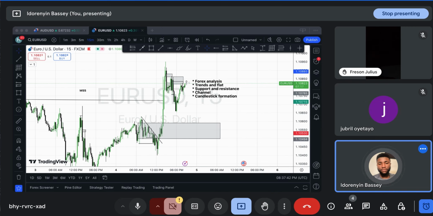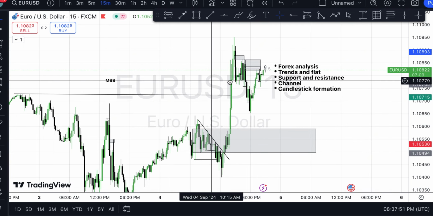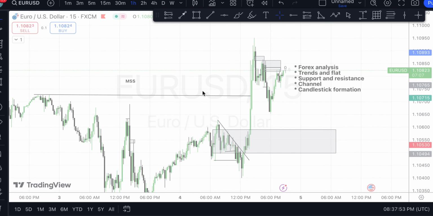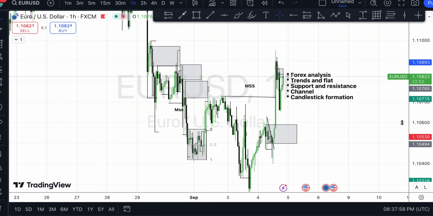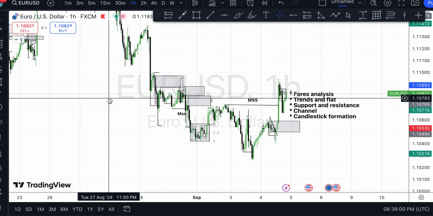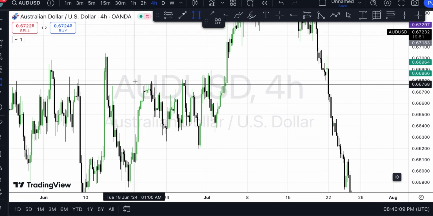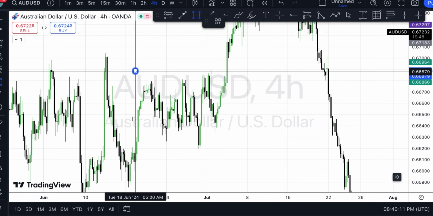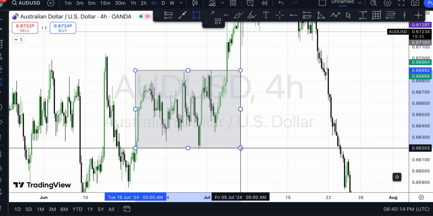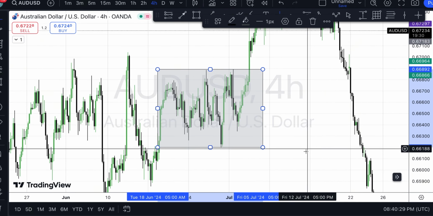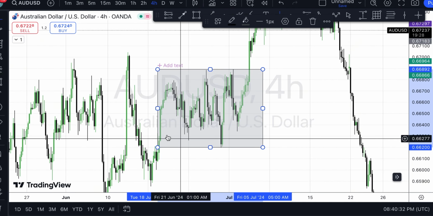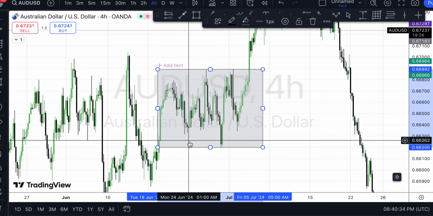So let me dive into the chart and see if I can show us what support and resistance is on any of the price action here. Resistance. You can see that the first time price got to this zone, it was not able to break this zone, so it came back.